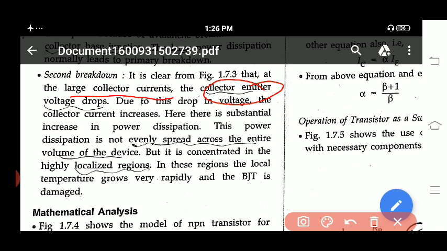Due to this drop in the voltage, collector current increases to the maximum value. There is a sustained increase in power dissipation. This power dissipation is not evenly spread across the entire volume of the device. Obviously there will be power dissipation because of the increasing collector current, and the VCE drop, but it is concentrated in a highly localized region.